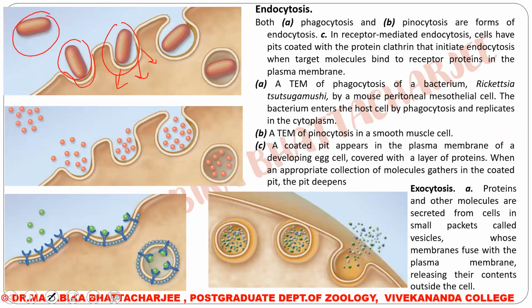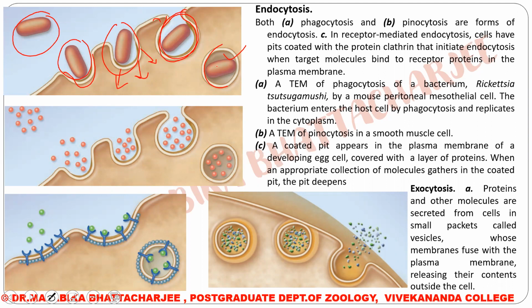As the plasma membrane pinches inward, the particle is gradually entering, and finally this inward pinching of the plasma membrane forms a small vesicle containing the particle. So this is phagocytosis because a larger particle has been taken in.